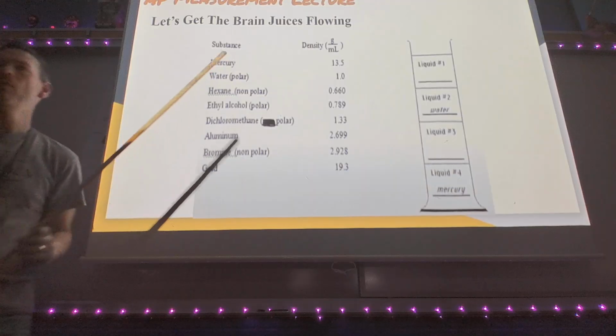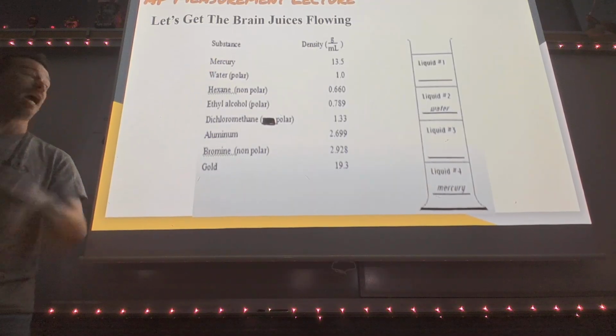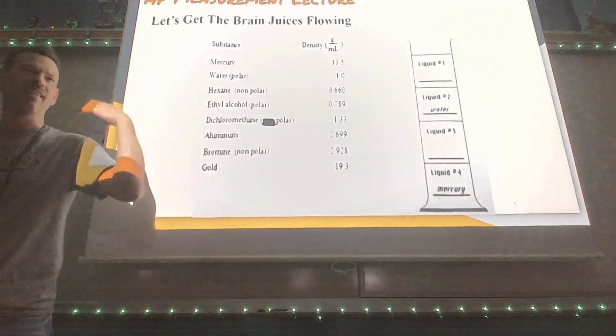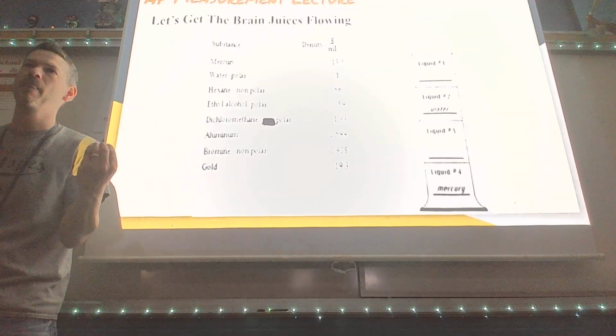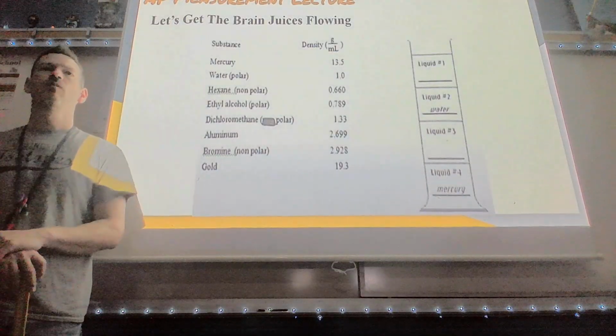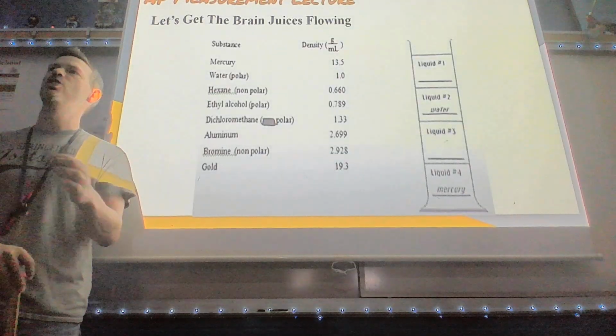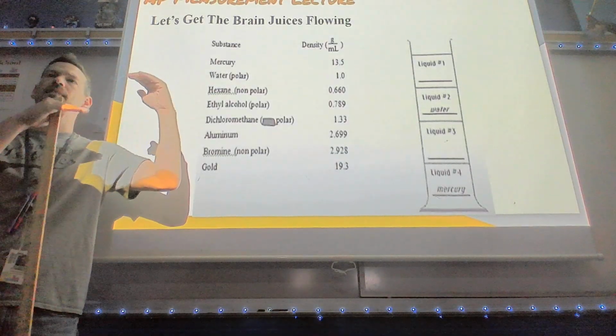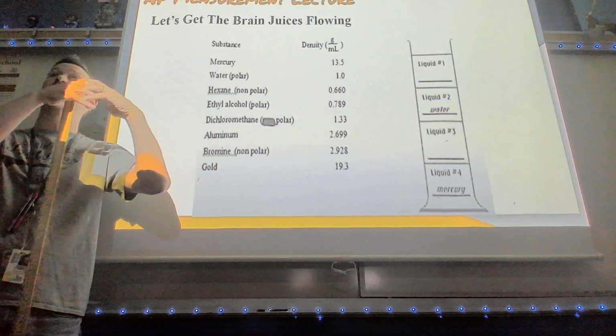Well, one's nonpolar and another's polar. Now, we are not going to cover polarity during Unit 1. All right, again, this is just an opening think about it. But I used the phrase last year, like dissolves like. What that meant was if you have 2 substances that have the same polarity, they will like to mix together.